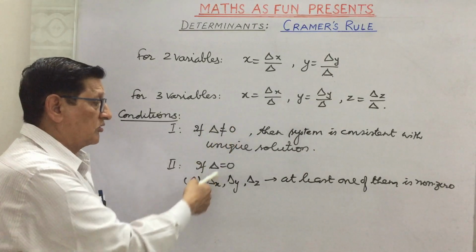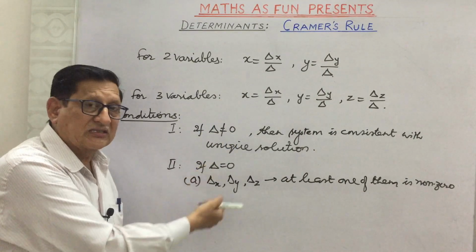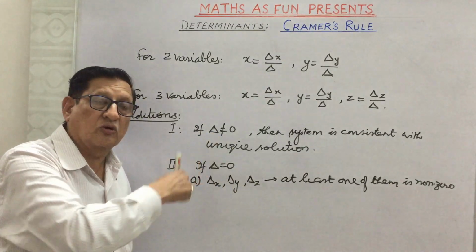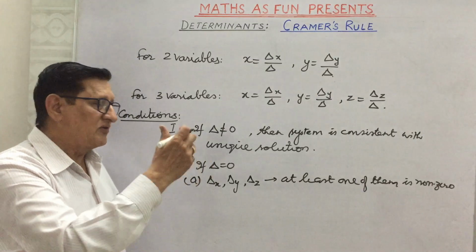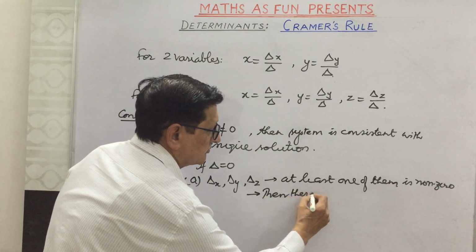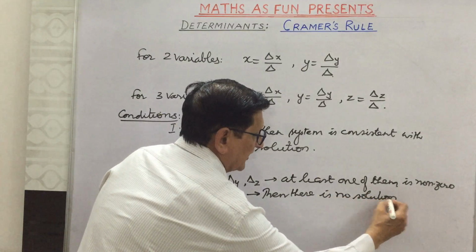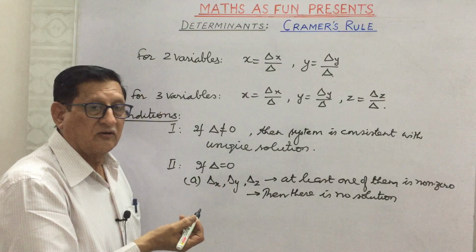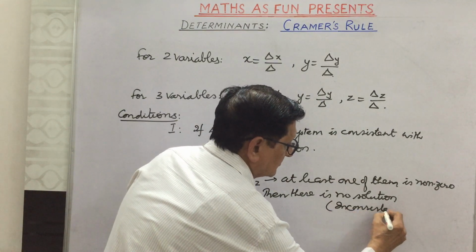Delta x upon 0 will say that either x does not exist or y does not exist or z does not exist, and that is why we say that there is no solution. And if there is no solution, we say the system is inconsistent.